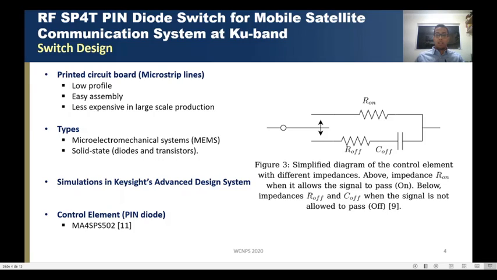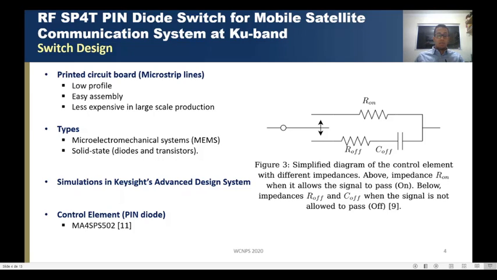handling. It has a much better power handling than the other solid state components.